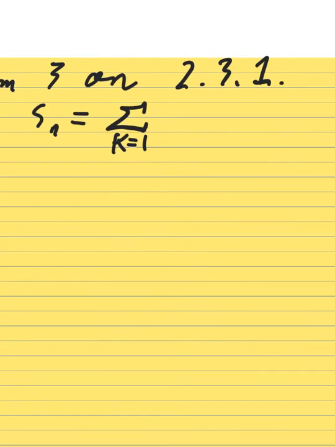So let's let S sub n be the sequence given by the formula, the sum from k equals 1 up to n of 1 over k squared.